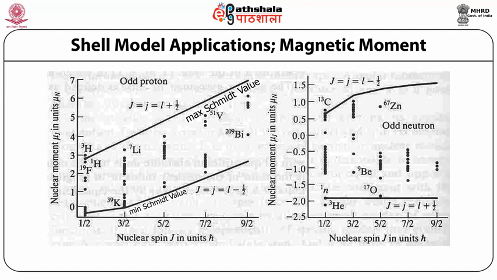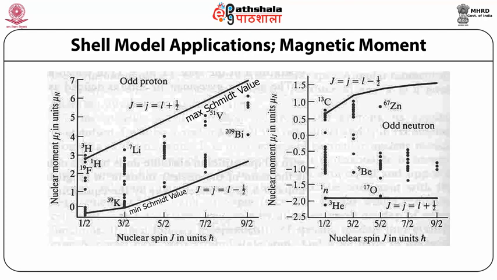Whereas, if we observe the right hand picture, which is for odd neutron nuclei, we find that the upper solid line represents the case of j is equal to L minus half. The lower line, which is a straight line, represents the case of j is equal to L plus half.